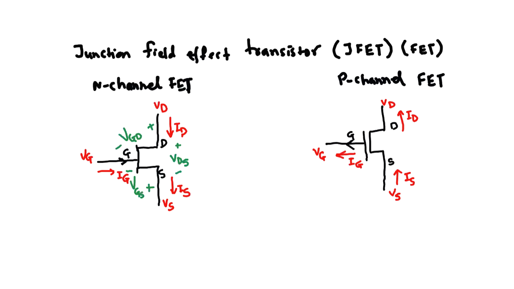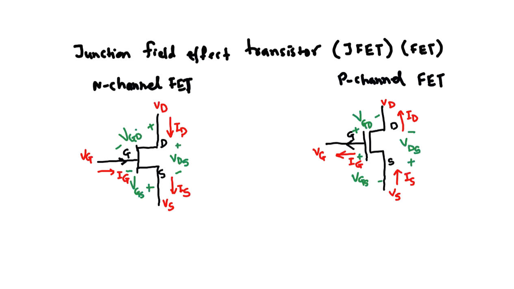Similarly, here the gate is positive with respect to the drain, and the voltage is VGD. We call it the same as this voltage, but see the polarity is reversed. Similarly, the gate is positive with respect to the source, and you refer to this voltage as VGS. And here the drain is negative with respect to the source, or the source is positive with respect to the drain, and we call this voltage VDS.